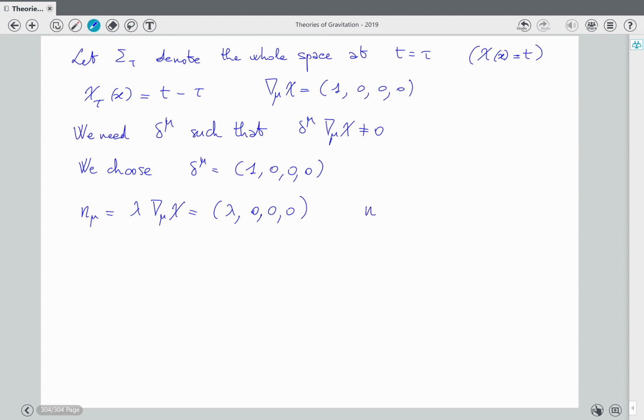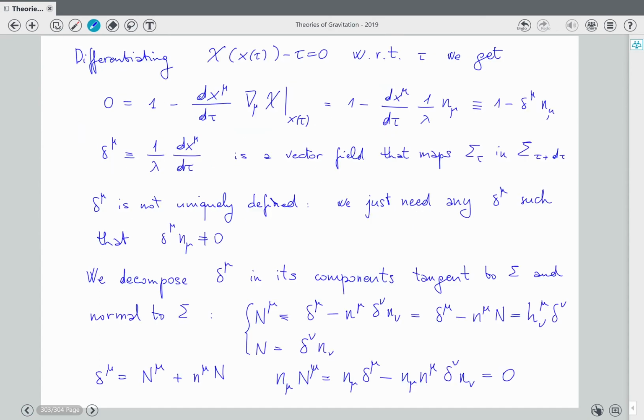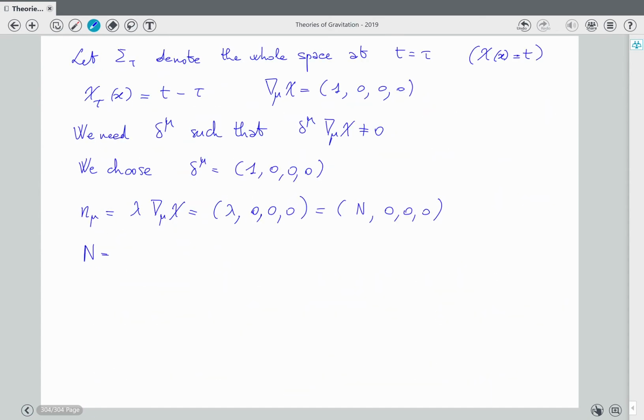Now, small n mu is actually equal to capital N. This lambda is capital N, and we will call it that way from now on. Why? Because let's recall what capital N is: delta nu n nu.